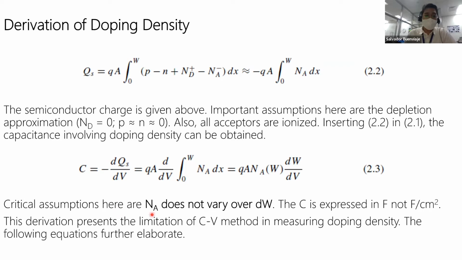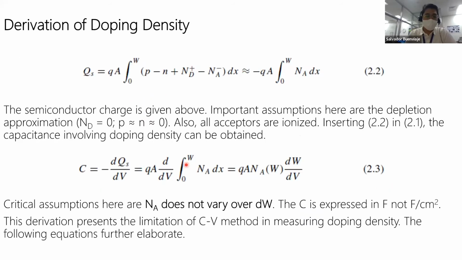Another assumption here is that the doping density, Na, does not vary over the width of the space charge region, dW. This is implied from the unit of the resulting quantity, which is expressed in farads, not in farads per square centimeter. So this is the limitation of the CV method in measuring doping density.